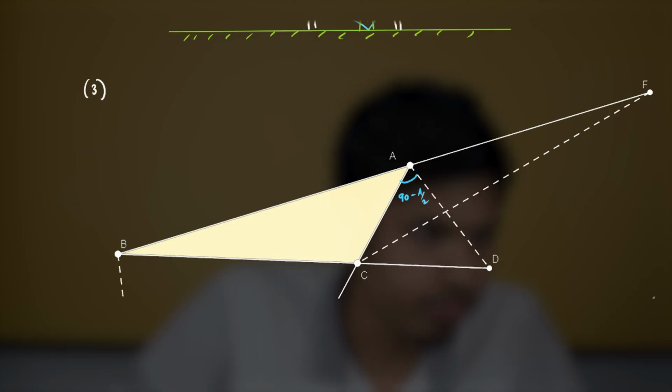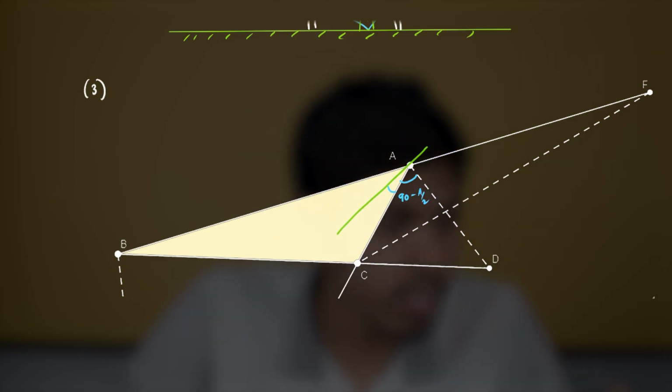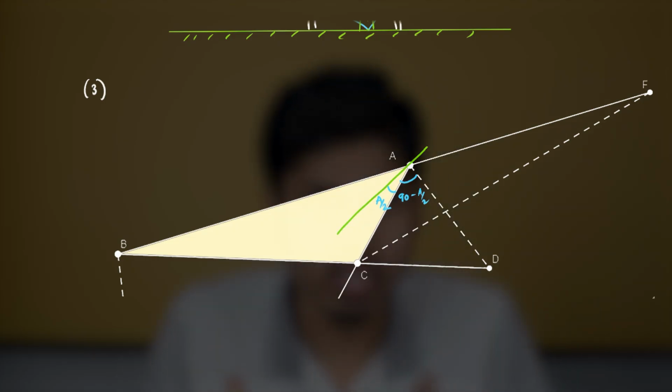Similarly, consider the internal angle bisector. Now, what do you think the angle made by the internal angle bisector with CA is? It's A by 2. And the sum of these two is 90 degrees.